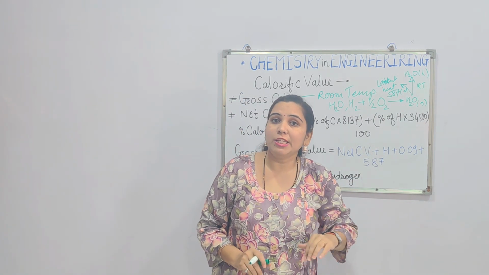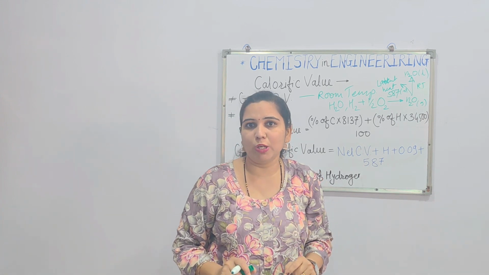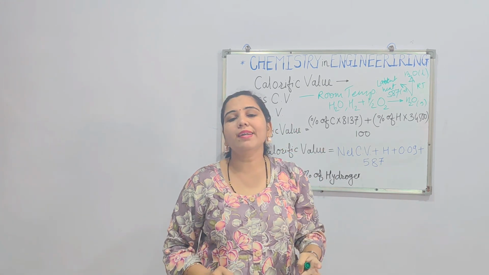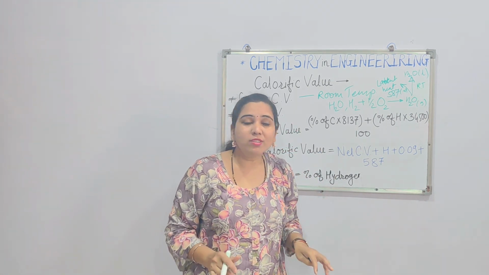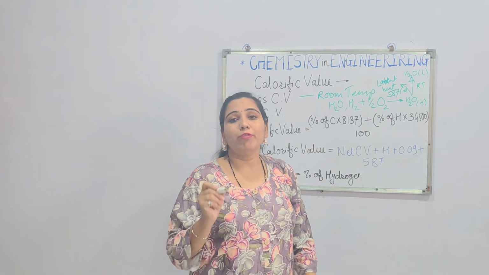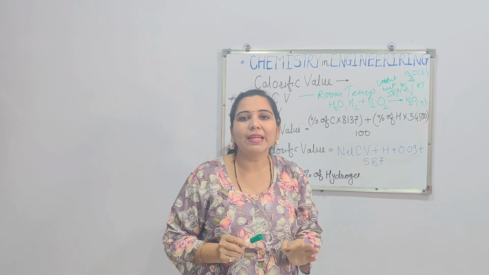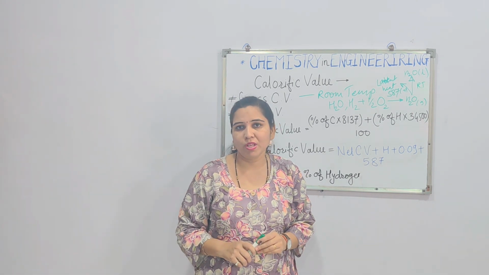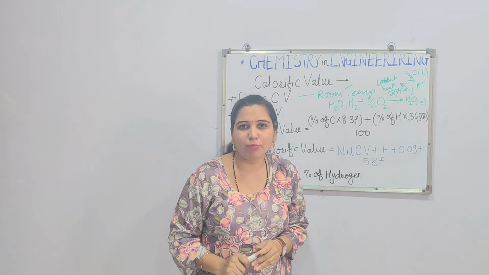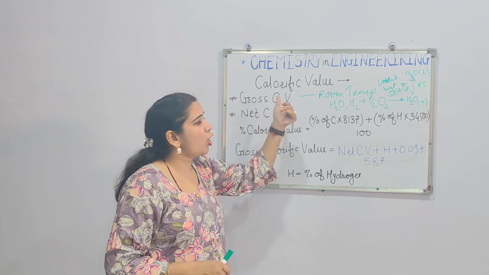That amount of energy released during condensation must be added to the calorific value. So the calorific value which was there at the higher temperature is changed because of the addition of this energy. It is not less, guys. So 587 calories of heat has been added, the latent heat of condensation of water. During the conversion of water vapor into liquid water, this energy is released. In this way, we get the gross calorific value.